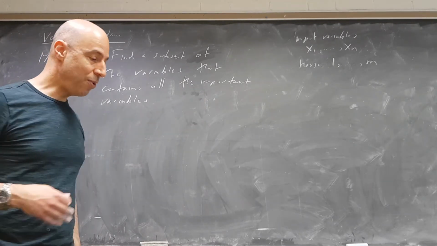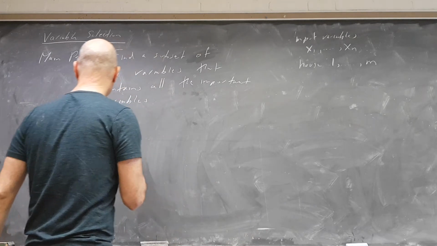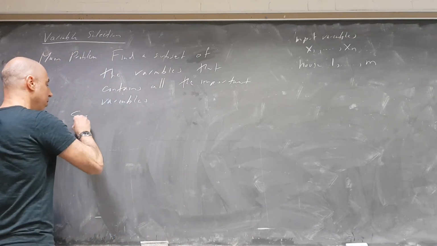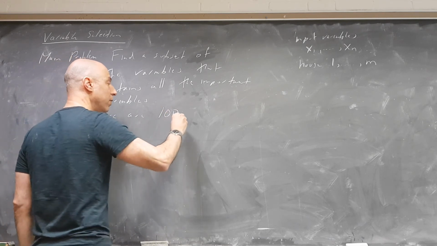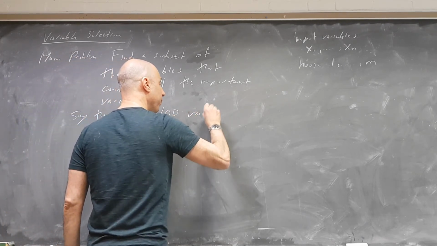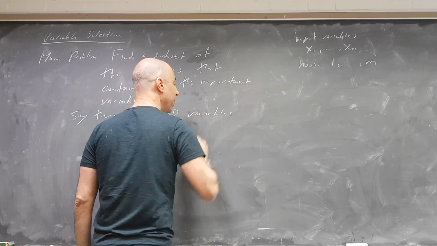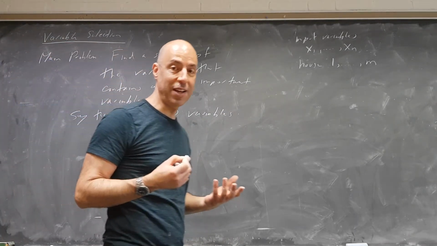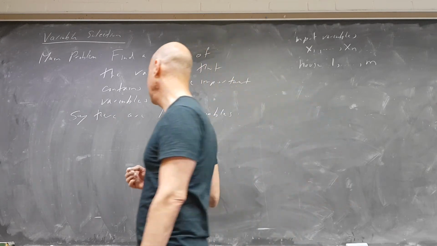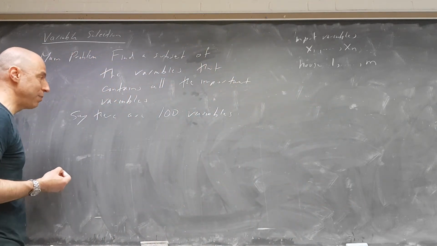But let's say you have 100 variables. Say there are 100 variables. There are a large number of subsets of the variables. In fact, a huge number of subsets of the variables.